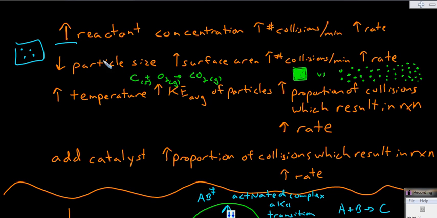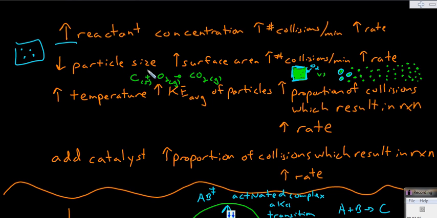Well, as you decrease the particle size, as you break that big chunk into many small chunks, you will be increasing the surface area, the area over which that oxygen gas comes into contact with that solid carbon. This surface area is only so much in that big chunk, but it's much, much greater if you have dust of it.